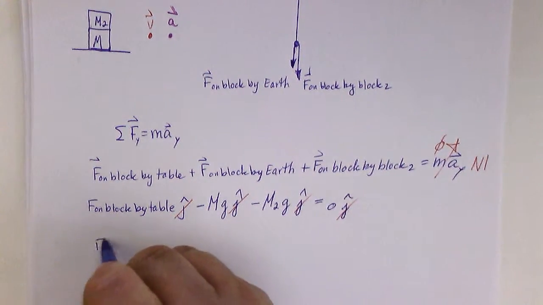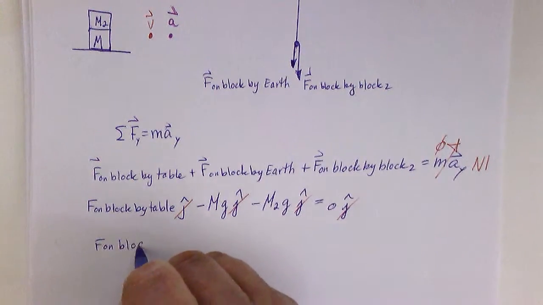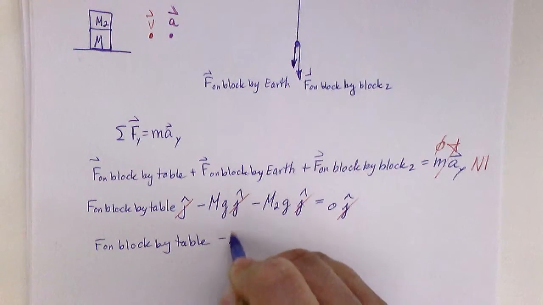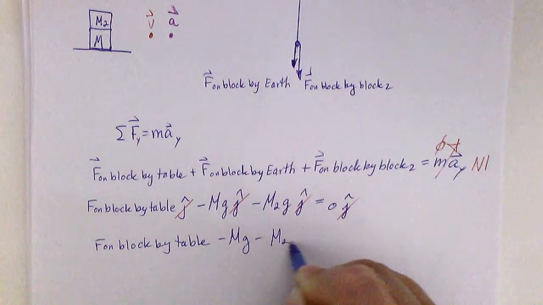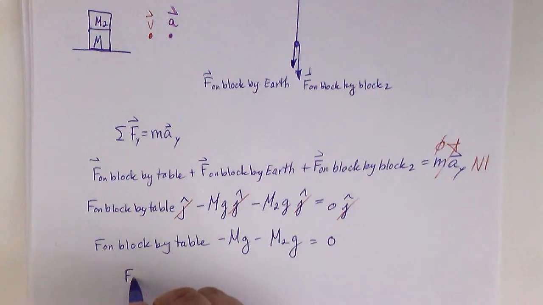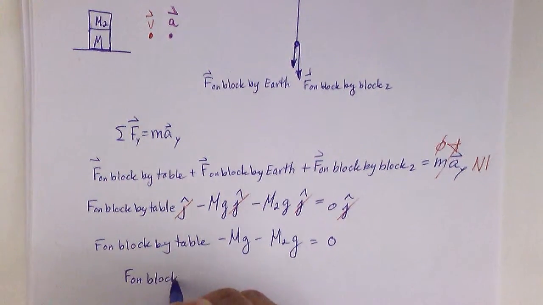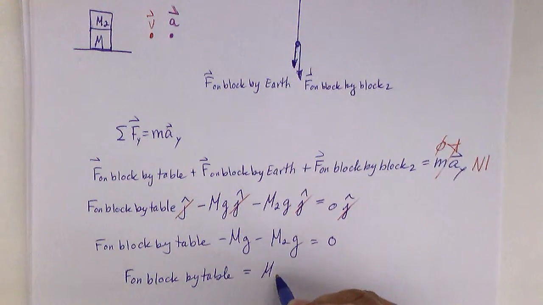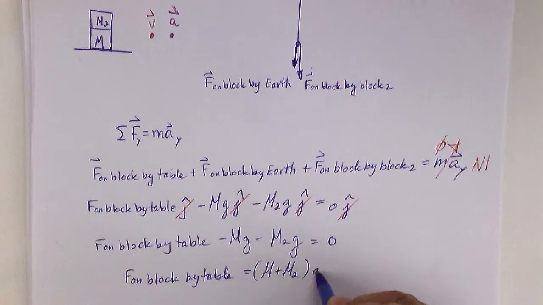And now I have force on block by table minus Mg minus M2g is equal to 0. I'm going to add these two terms to the other side, and I have force on block by table is equal to M plus M2 times g.